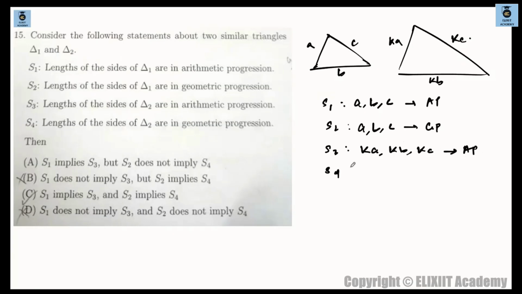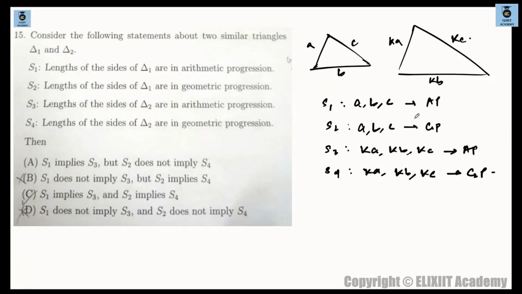And statement 4 says KA, KB, KC are in GP. So now we have to see which one implies which one. The first option says that statement 1 implies statement 3, but statement 2 does not imply statement 4. S1 implies S3, which means A, B, C implies KA, KB, KC.